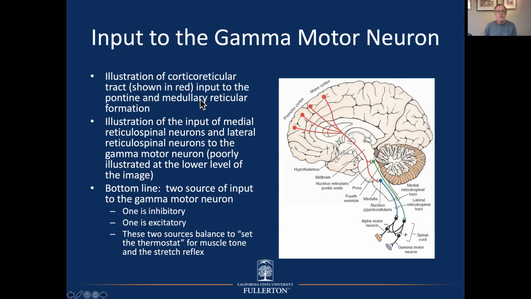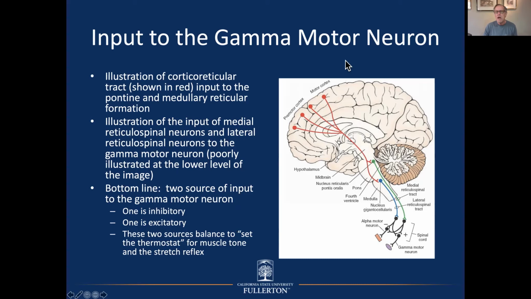Okay, so let's see what we've got here. We have shown the corticospinal tract in red, input to the pontine and medullary reticular formation. We've illustrated the input of the medial reticulospinal and lateral reticulospinal neurons to the gamma motor neuron. I note that it's rather poorly illustrated, as we discussed. They should show a negative here and a negative here, plus here and a plus here, but for whatever reason, they didn't do that. And that was the clearest representation I could find, by the way.